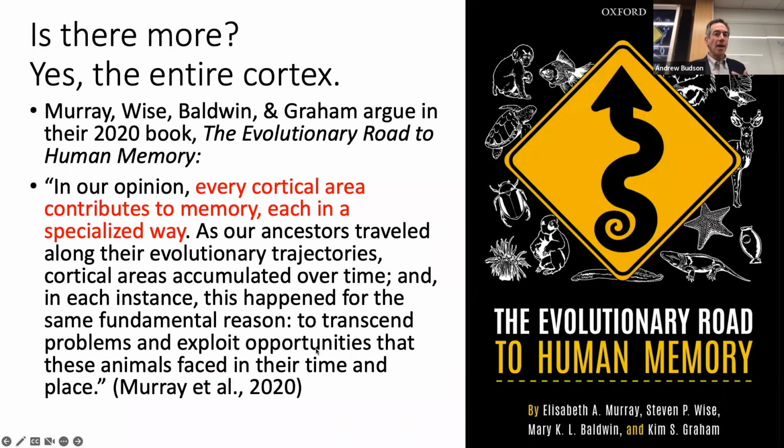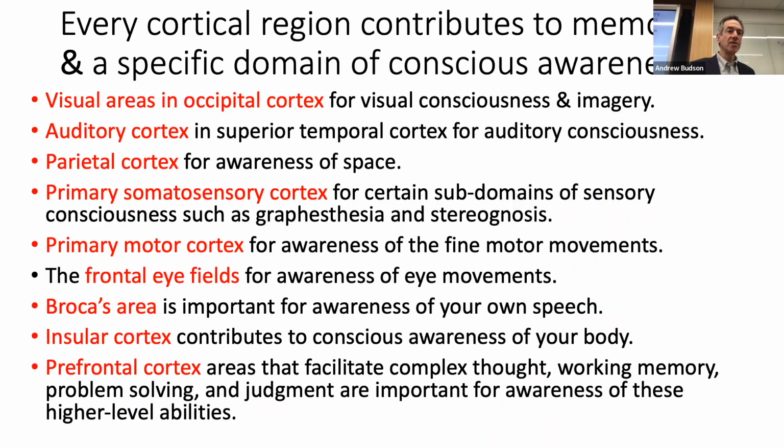Well, in this wonderful book by Murray, Wise, Baldwin, and Graham, they argue that every cortical area contributes to memory, each in its own specialized way. And I think that that's exactly right. Visual areas in occipital cortex are important for visual consciousness and imagery. Auditory cortex is important for auditory consciousness.